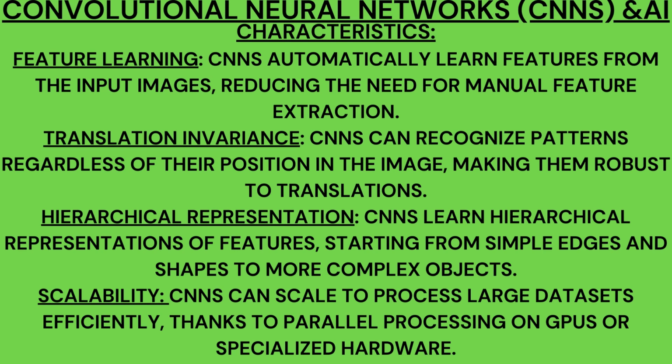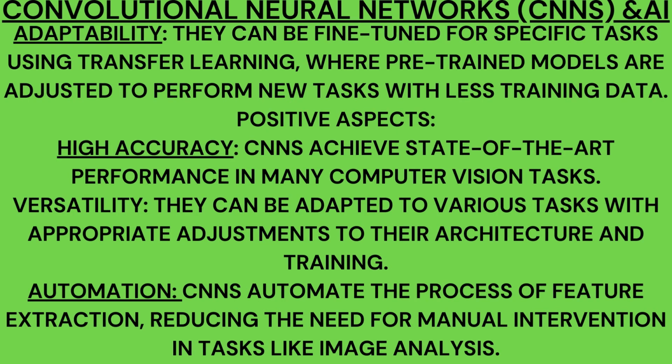CNNs learn hierarchical representations of features, starting from simple edges and shapes to more complex objects. Scalability. CNNs can scale to process large datasets efficiently thanks to parallel processing on GPUs or specialized hardware. Adaptability. They can be fine-tuned for specific tasks using transfer learning, where pre-trained models are adjusted to perform new tasks with less training data.